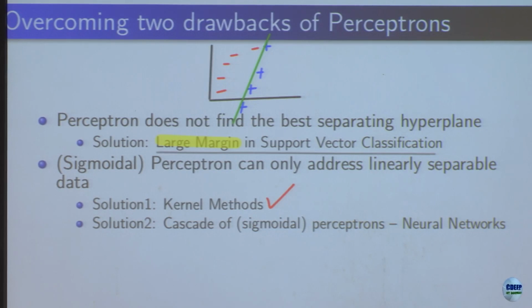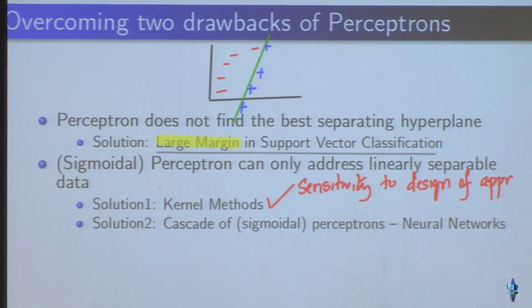If you overdo the kernel design, like we saw in the case of clustering also, you might become sensitive to noise, you might overfit. So the sensitivity, design of an appropriate kernel, else you are overfitting, and sensitivity to noise, etc.